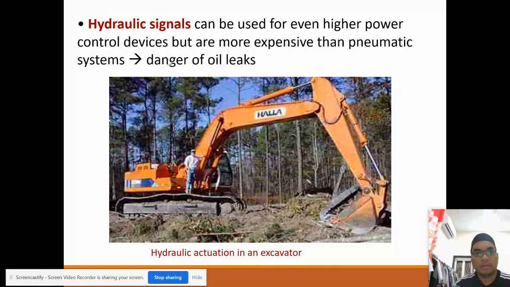We must be alert to the danger of oil leaks in the hydraulic system, because when it leaks, it will not function as easily. This is one example: an excavator, using hydraulics to move the arms, a very powerful hydraulic actuator system.